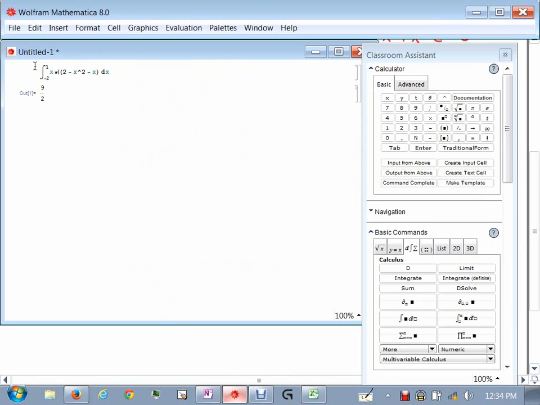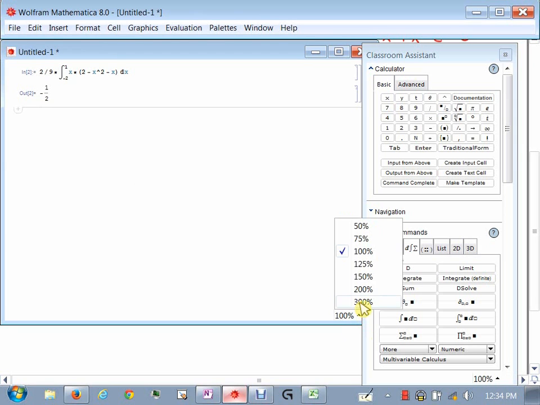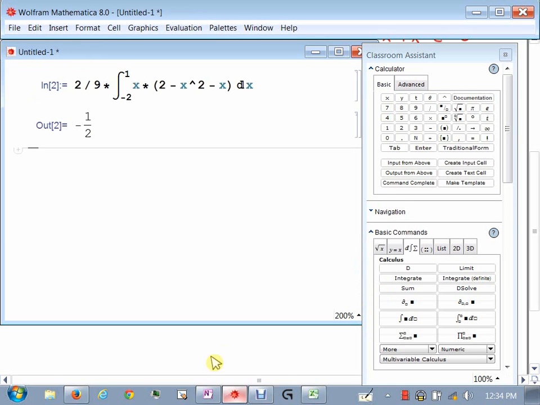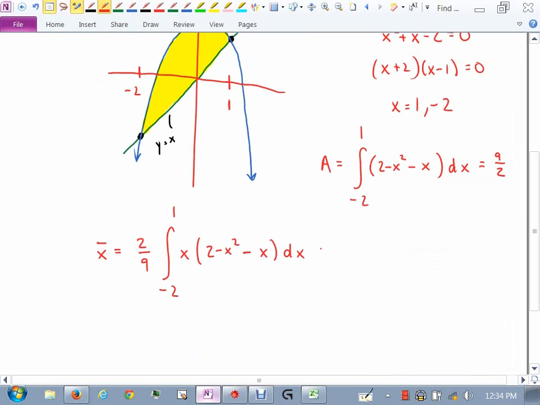And then I'm going to say out here, 2 divided by 9 times. So I get negative 1/2. So this becomes negative 1/2.